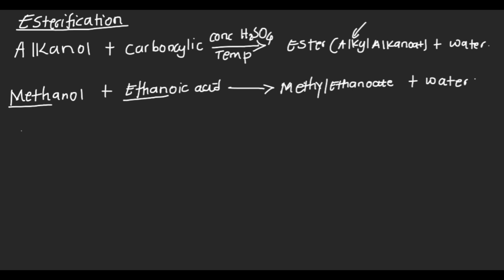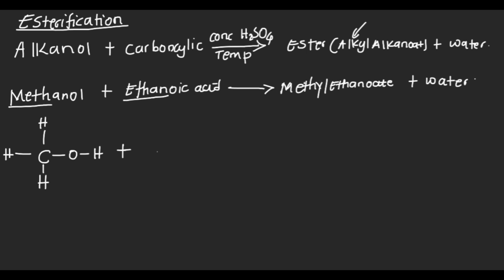Now let's look at the structural formula. So the structural formula for methanol is just this. The functional group for this alcohol is this hydroxide, plus reacting with ethanoic acid.